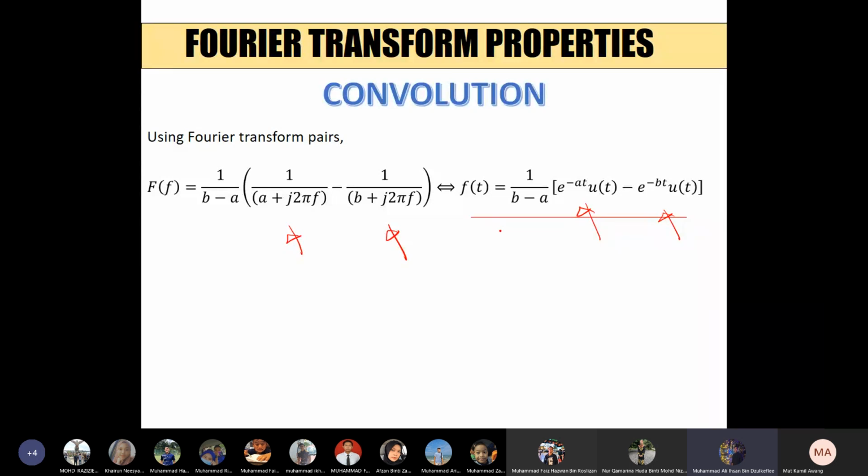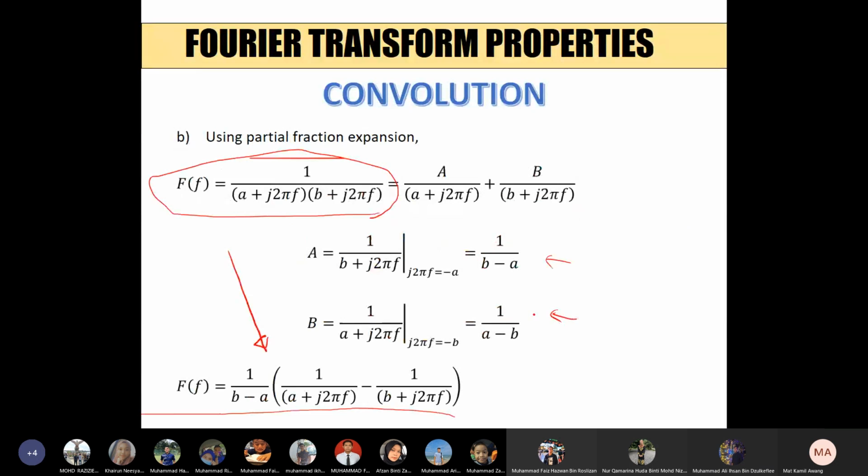So basically what we are doing is the inverse Fourier transform, using this formula.